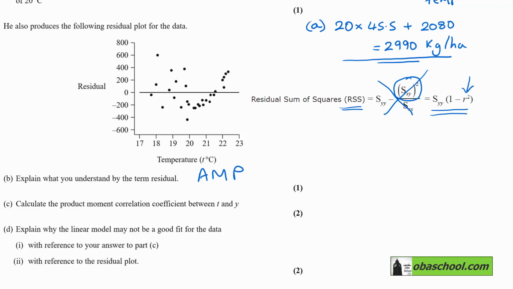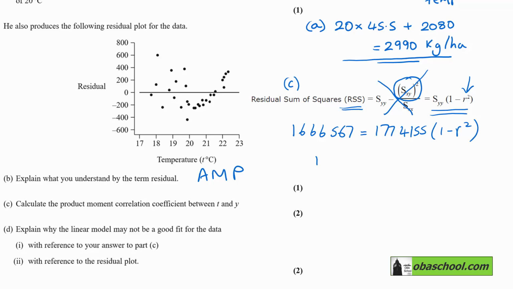The RSS, so let's go back to it as part C. The RSS is 1666567, and the SYY is 1774155, and then we've got the 1 minus r squared just here. And it's fairly straightforward to solve this.